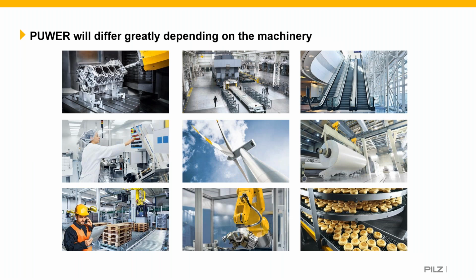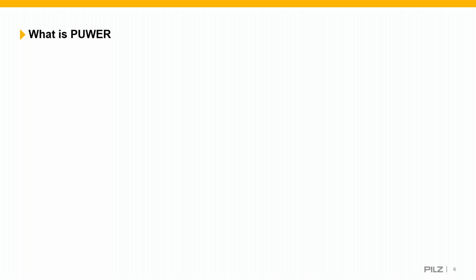Depending on the machinery that you are looking at and the type of equipment that it is, PUWER can differ massively, and it can be quite an onerous task to go through and inspect something, or if it's a very simple piece of equipment, it can be a relatively straightforward and quite quick task, but it will depend exactly on the type of equipment that you've got.